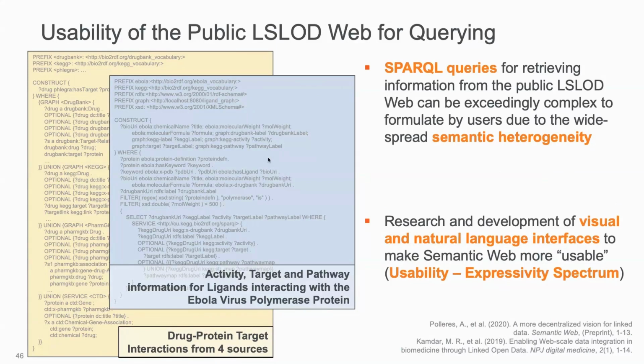In the example that you see here, we looked at what it would take to aggregate all the drug-protein interaction information from 4 different sources, and the resultant SPARQL query is this huge convoluted query, which is very often difficult for subject matter experts or even experienced computer science users to formulate.